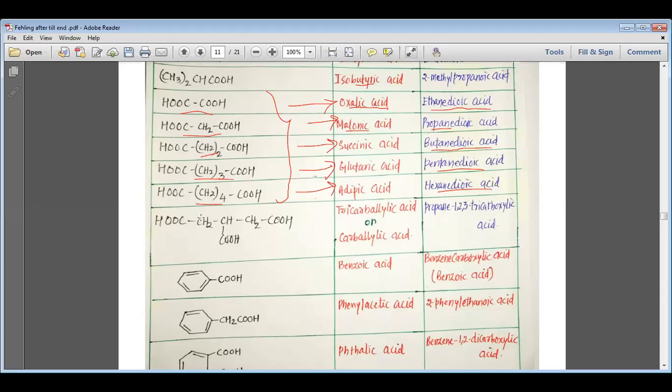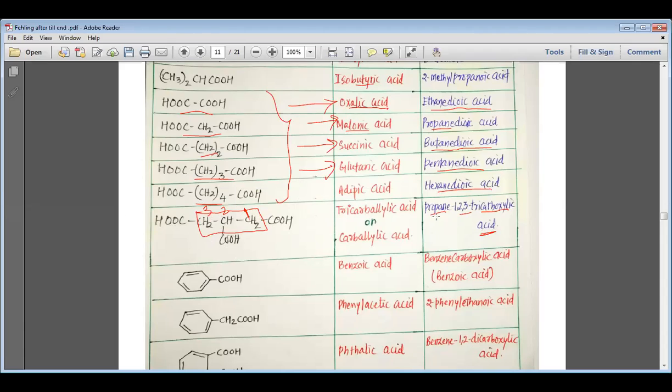So, my dear students, this is the 3 carbon. You can see here this 3 carbon. You can give them the number 1, 2, and 3. So they are making propane or 3 carbon, and all these 3 carbon have COOH groups bonded to them. So we can write them as propane 1, 2, 3 tricarboxylic acid.